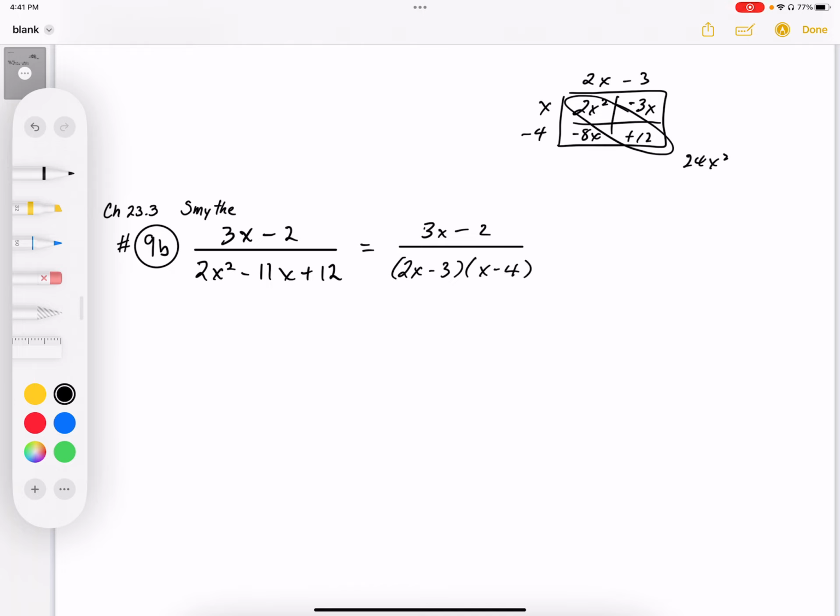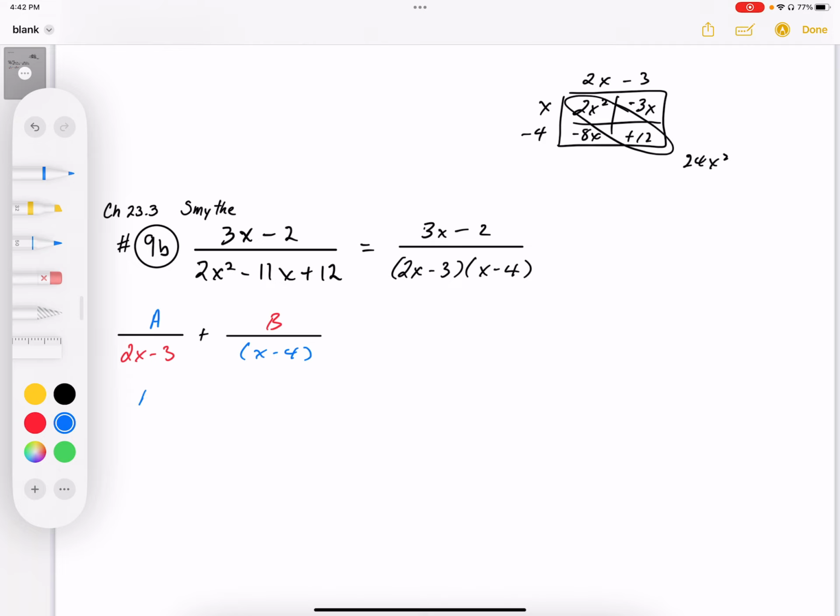And then now we can break it into its partial fractions. So we have A over 2x minus 3, plus B over x minus 4.